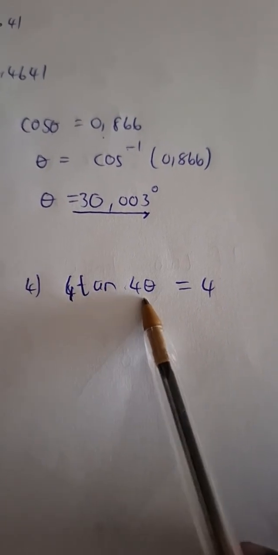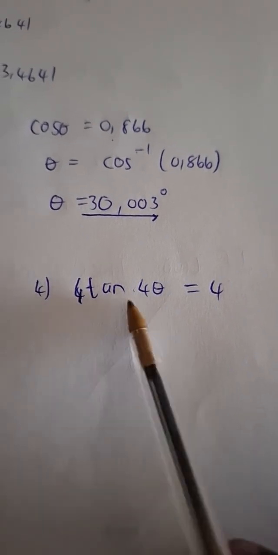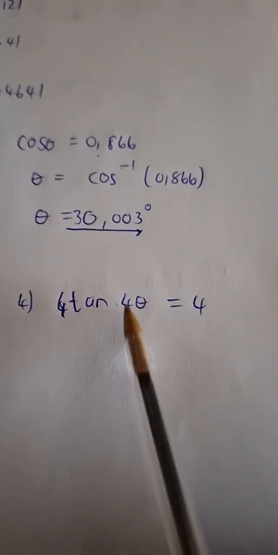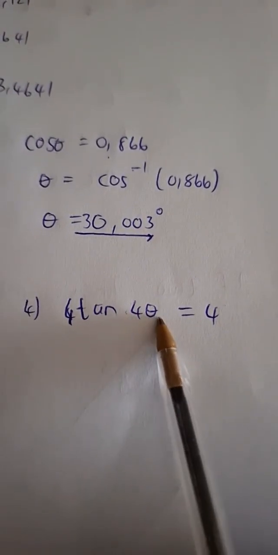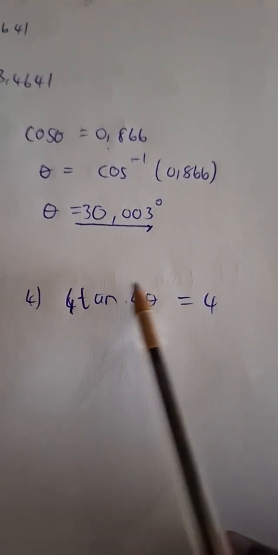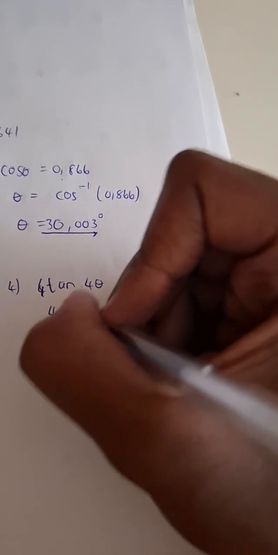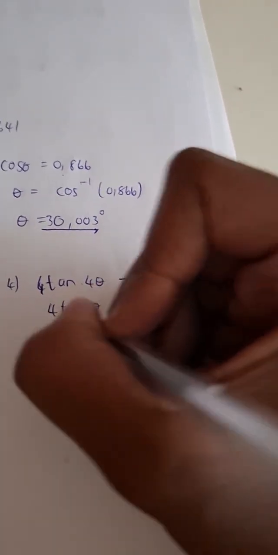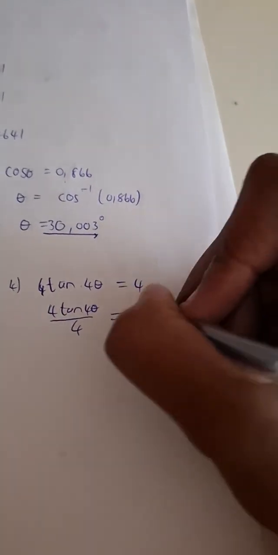So 4 is the coefficient of the trigonometric ratio that we have here, and the other 4 is the coefficient of the angle. So obviously the trig ratio is not fully isolated because it has a coefficient. So our first step then is to divide both sides by 4.